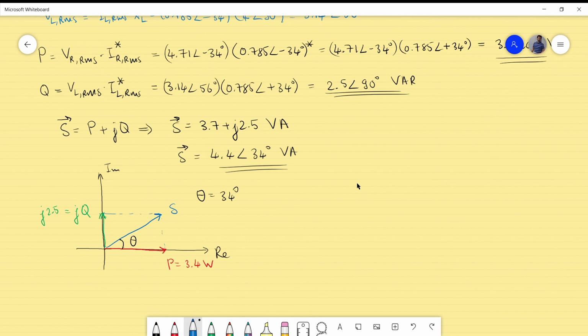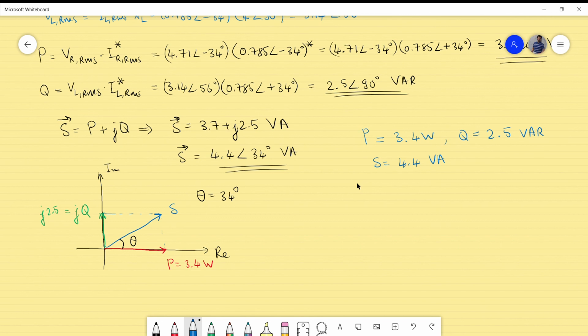Now is the situation for what is actually the value of Q, what is the value of R, so I mean P. So P, the value of P, actually the amplitude, is now 3.4 watts, so that's actually what we already know. The Q is 2.5 var. The S is here 4.4 volt amperes.